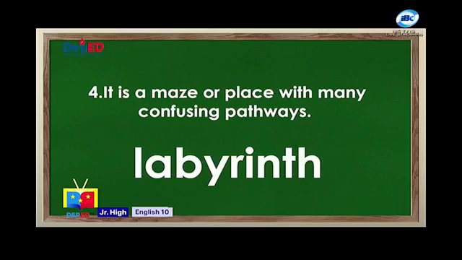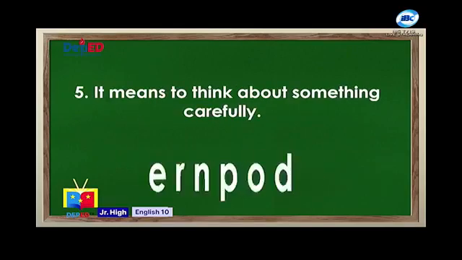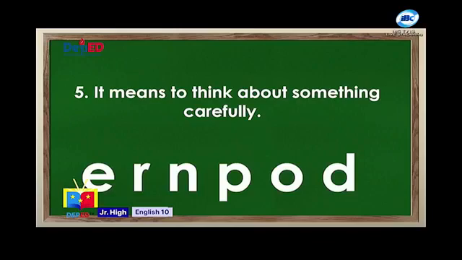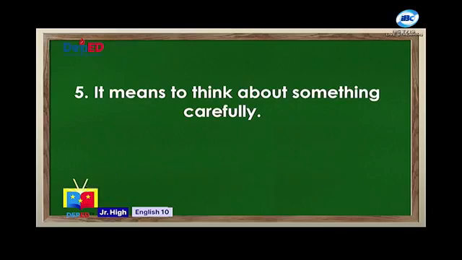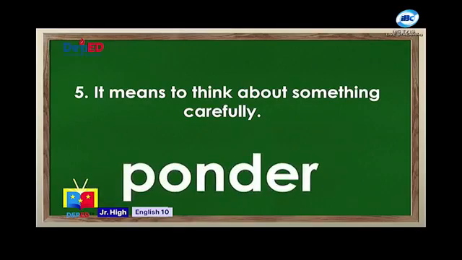And number 5, it means to think about something carefully. Very good. The answer is ponder. Example, Julia and her friends ponder how to surprise Melvin on his birthday. Again, number 5 is ponder.